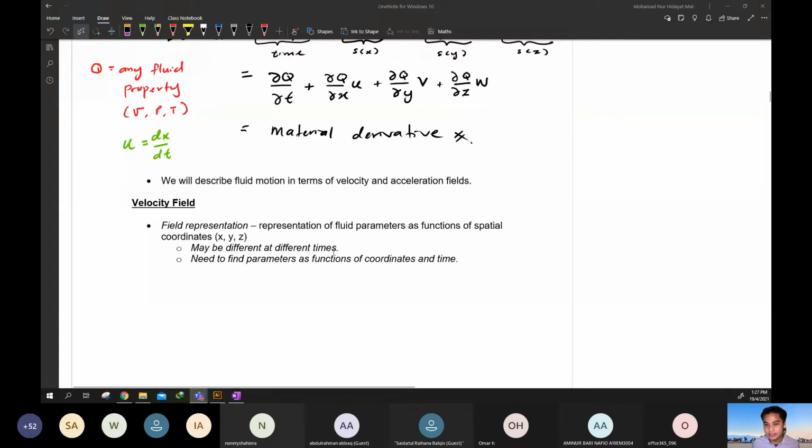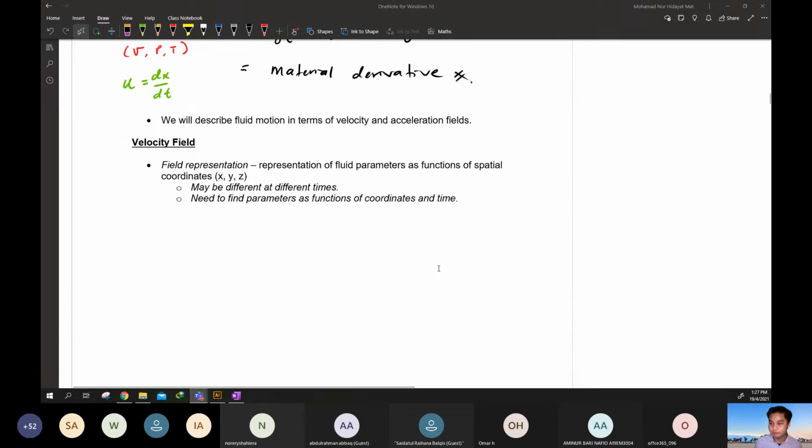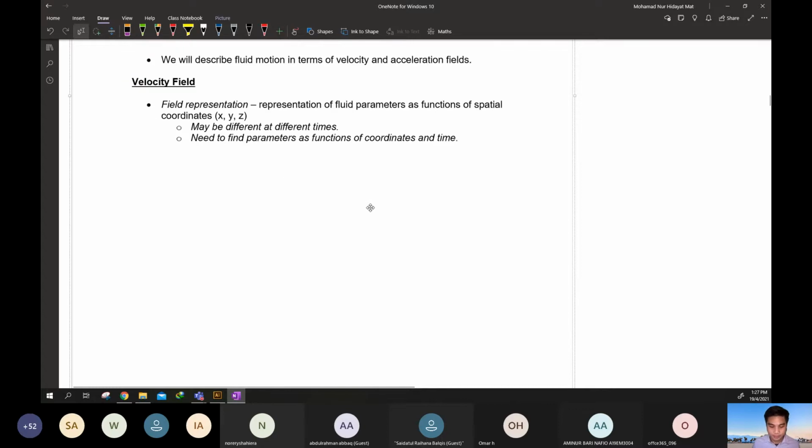That means we use the partial derivative to represent the coordinate of x, y, and z. It may be different at different time, and we need to find the parameter as a function of coordinate and time. This is what we call the Lagrangian description. And we need to find the parameter as a function of coordinate, which is space and time. This is Eulerian.